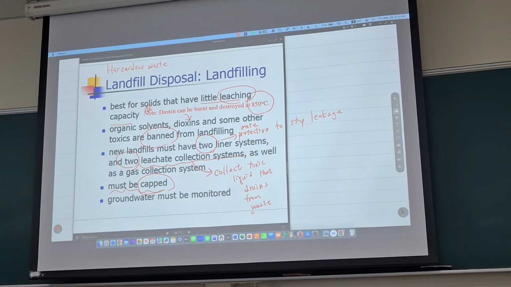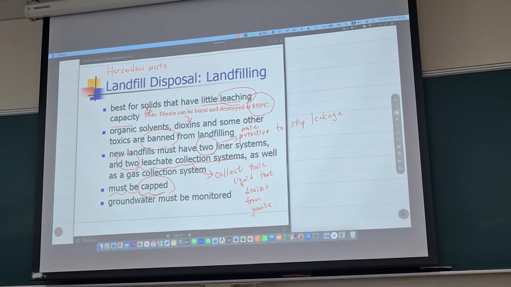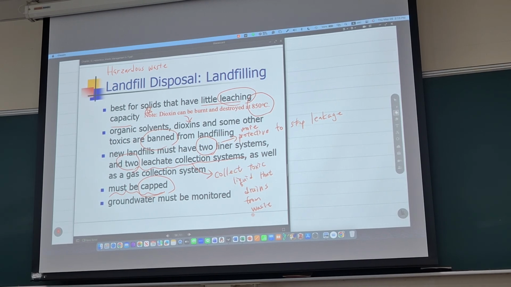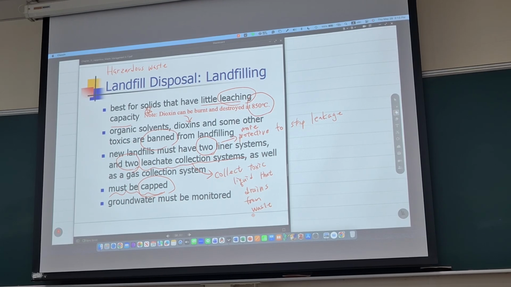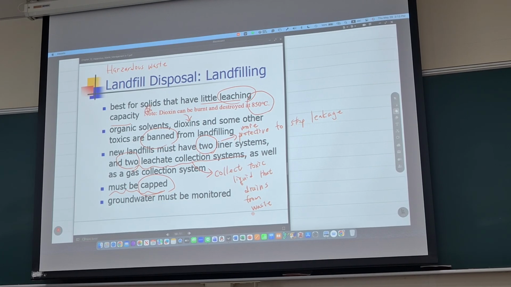So we should be more cautious. This landfill system should be more protective. And we also need a monitoring well, and we need a cap.